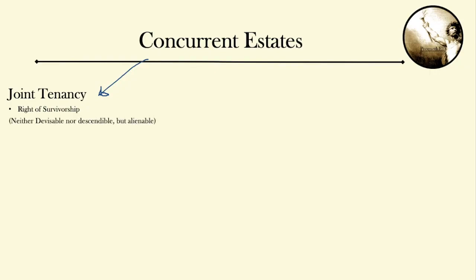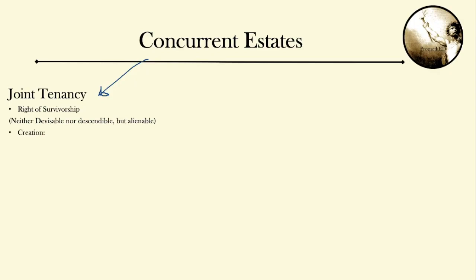Because of the right of survivorship, the joint tenancy is neither divisible nor descendable, but it is alienable. And in case of alienation, the joint tenancy becomes a tenancy in common.